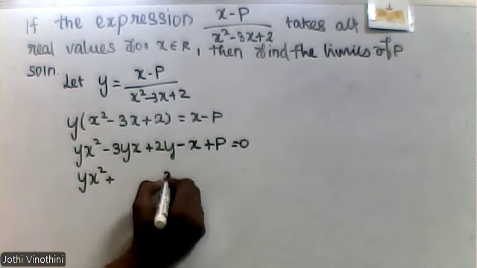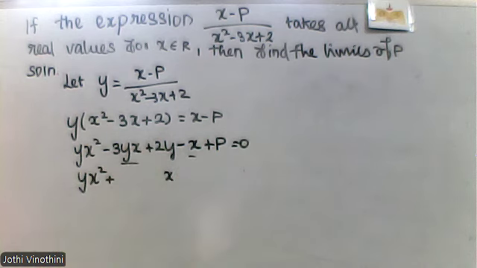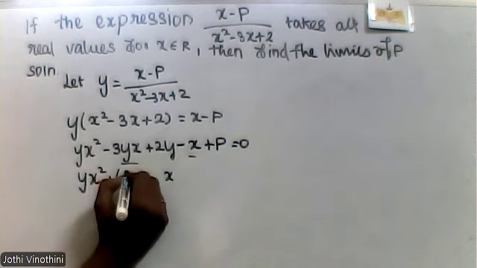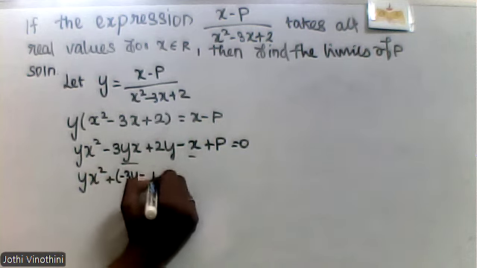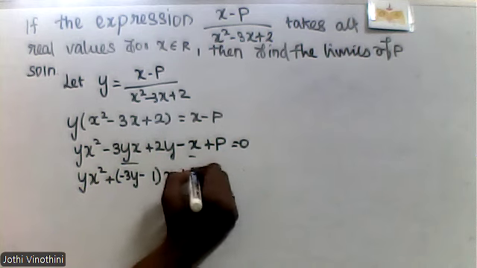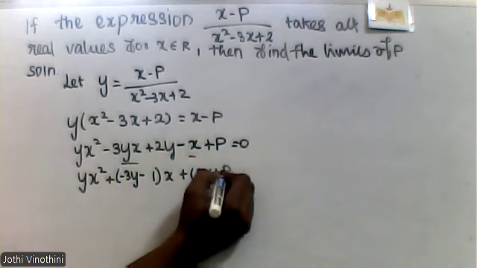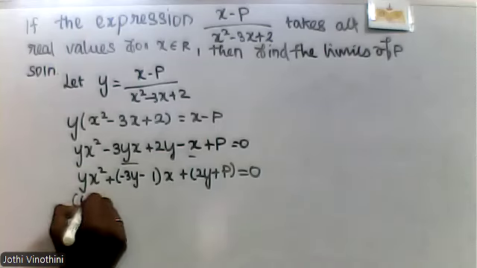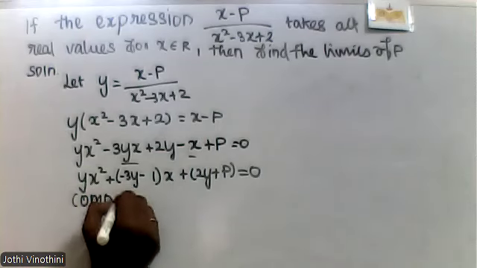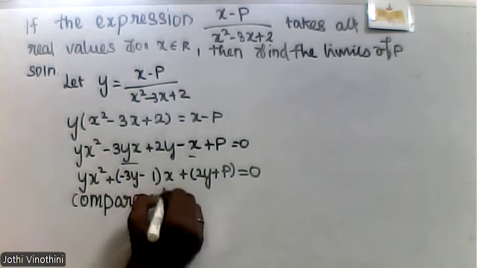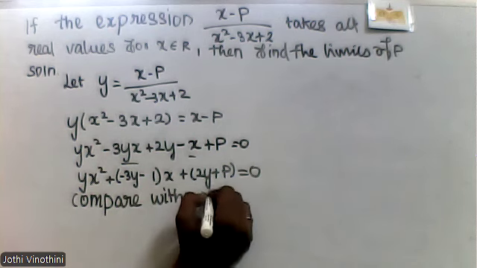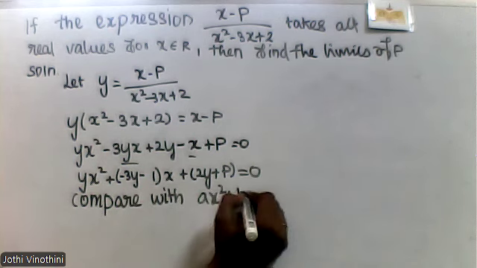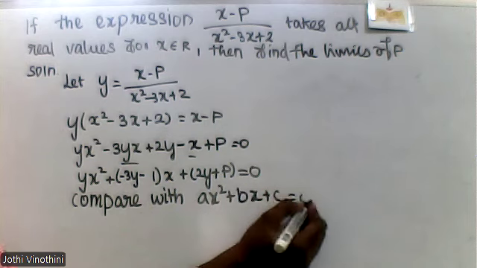Plus I'm going to take x common from these two terms, so it becomes minus 3y minus 1, plus 2y plus p remains the same, which equals 0. Right? I'm going to compare it with ax squared plus bx plus c equals 0.